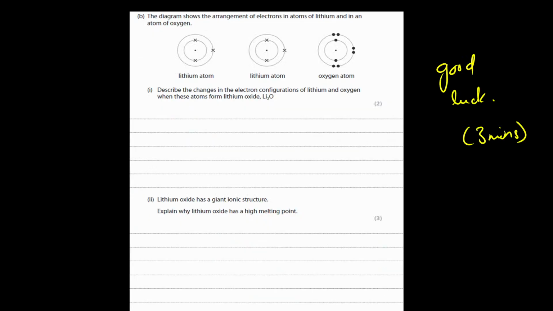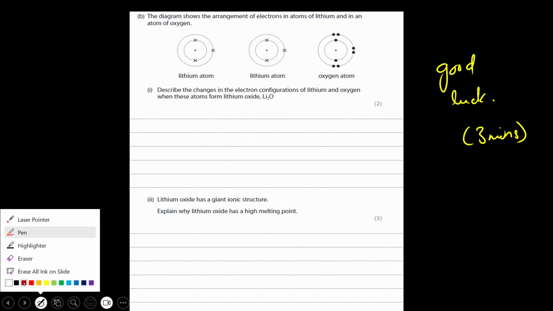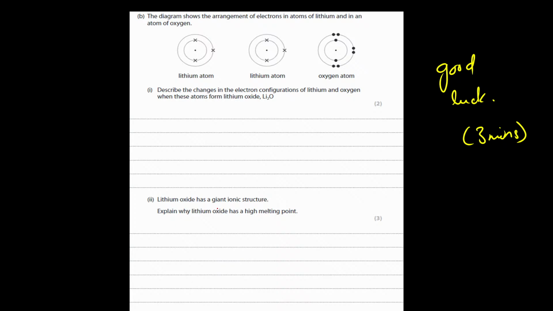Of course, you can't make any reference to things like covalent bonds or intermolecular forces. If you make any such remarks, you'll score 0, you'll be penalized. Also notice you'd be wasting time if you said it had a giant structure.